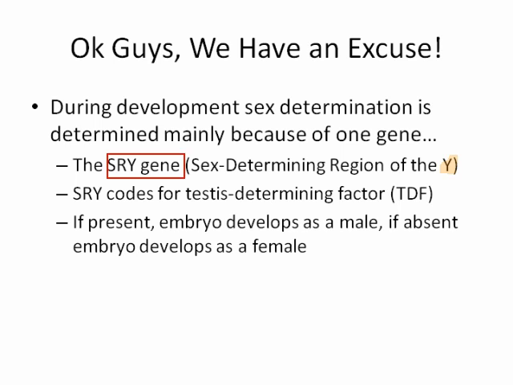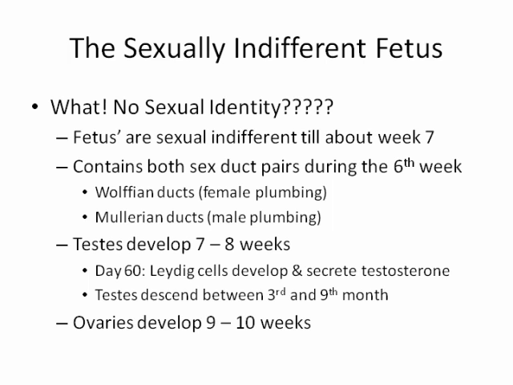Now, there are some other things that come into play here as well, because testes determining factor also controls, at least in the fetus, testosterone production. Remember, this is happening very early on, at week 7. This is still the first trimester, very early within the pregnancy.